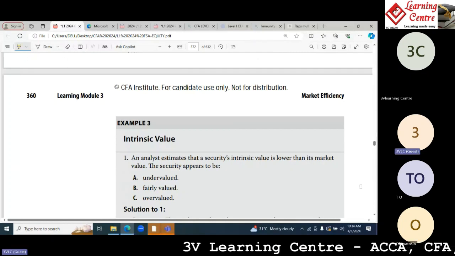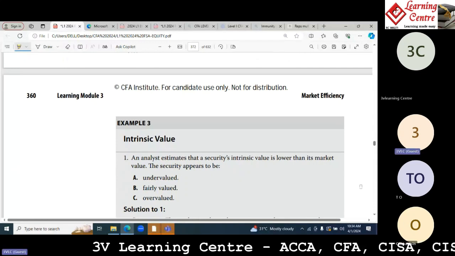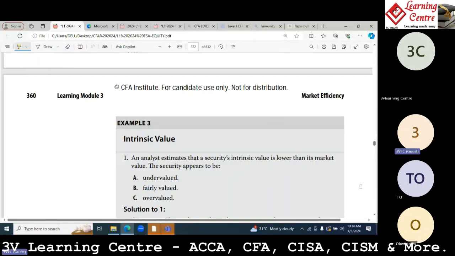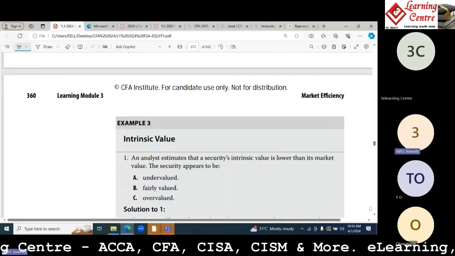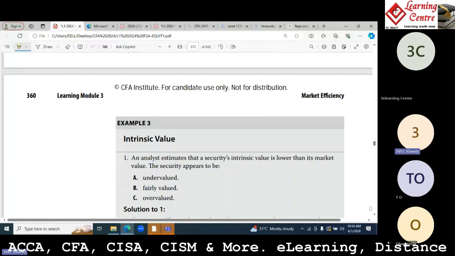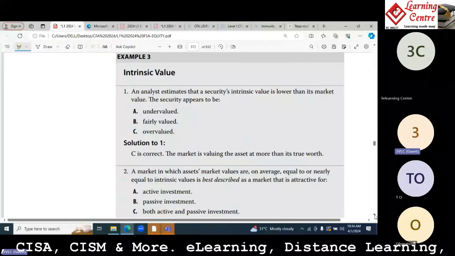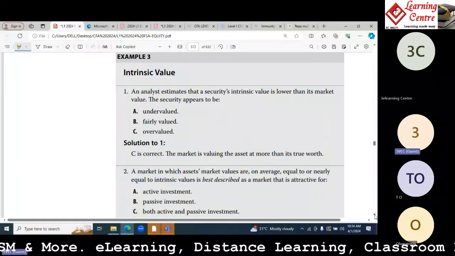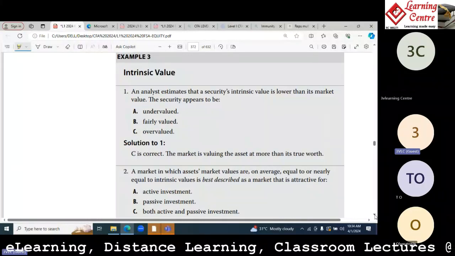Undervalued assets is when intrinsic value is greater than market value. Overvalued assets is when intrinsic value is less than market value. So in this answer, your intrinsic value is lower than market value. So the answer is overvalued.